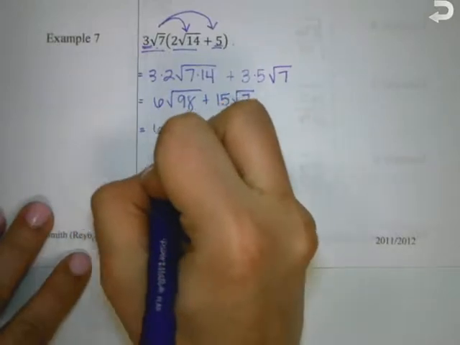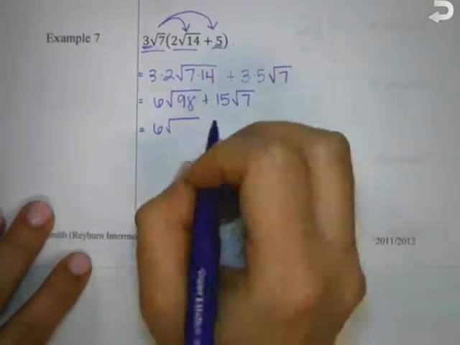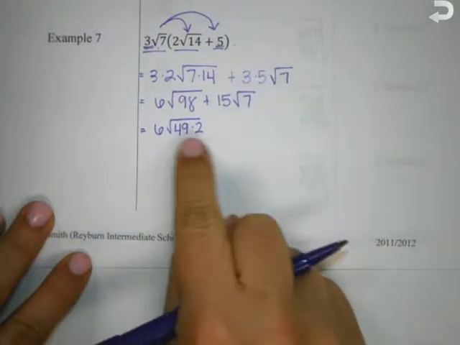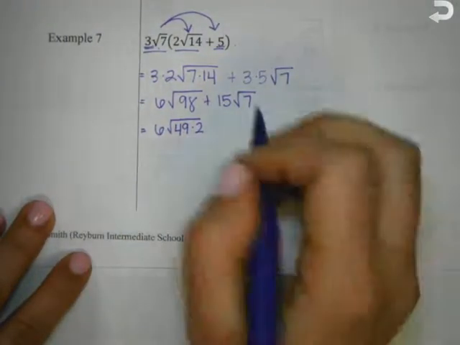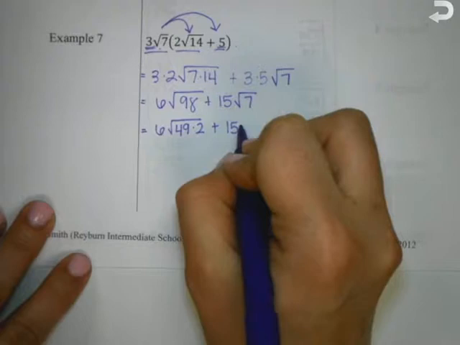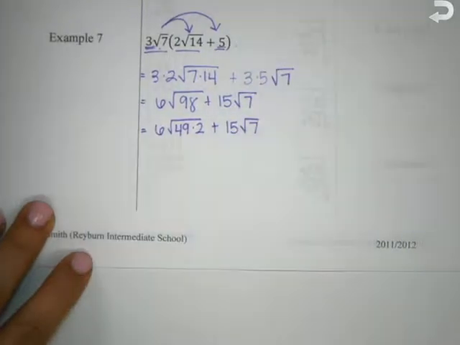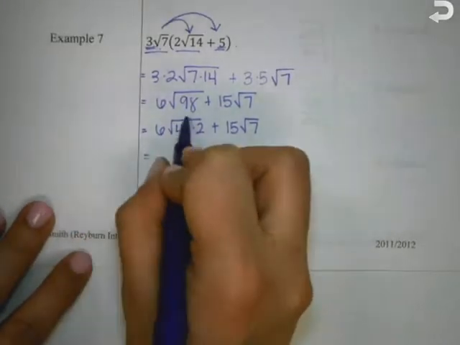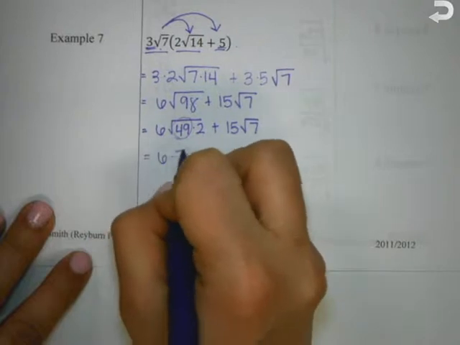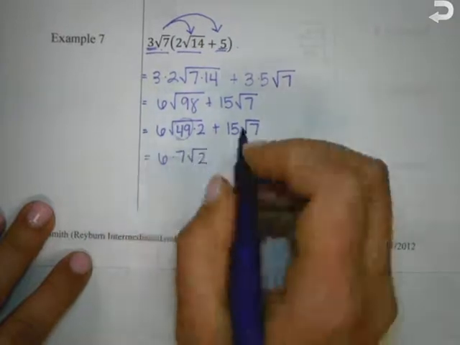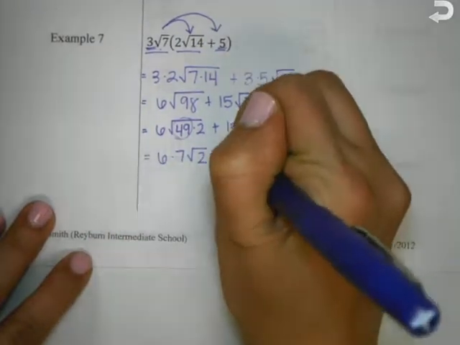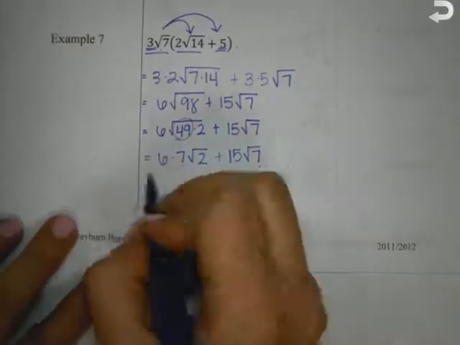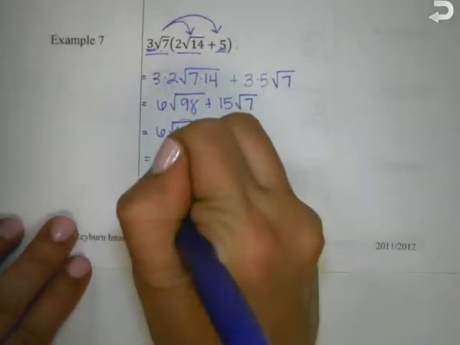So this is 6 square root of 49 times 2 plus 15 square root 7. Now what is the square root of 49? 7. So this is 6 times 7 square root 2 plus 15 square root 7. And what is 6 times 7? 42. So 42 root 2 plus 15 root 7.